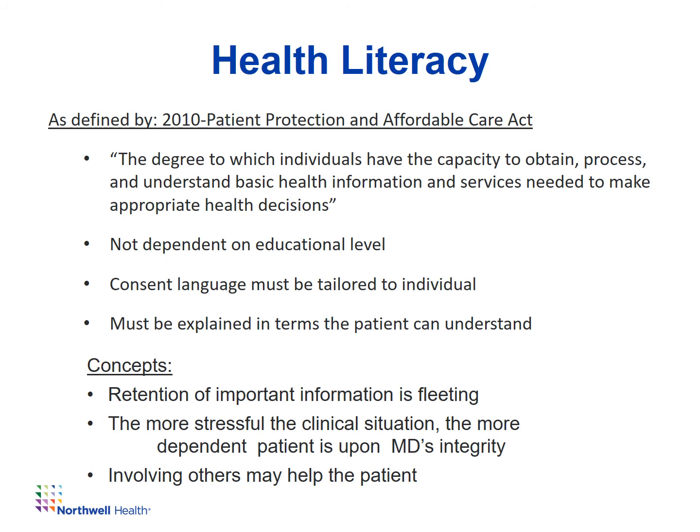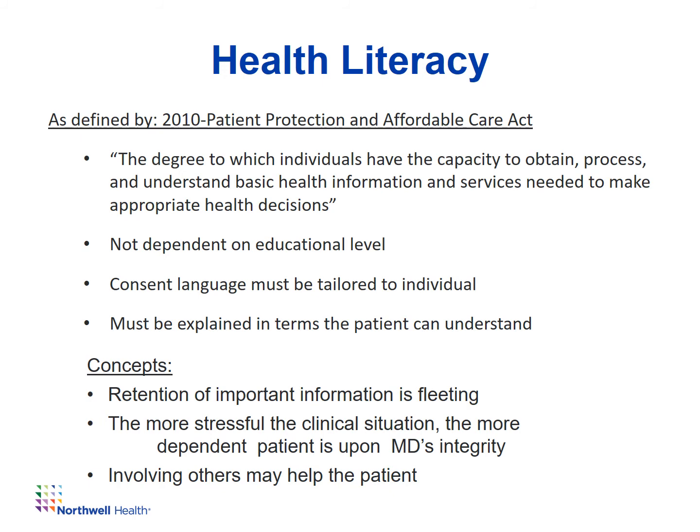In all our interactions with patients, and especially during the process of consent, we need to take into consideration the health literacy level of our patients. This is defined as the degree to which individuals have the capacity to obtain, process, and understand basic health information and services needed to make appropriate health decisions. It's not dependent on the educational level of the person.